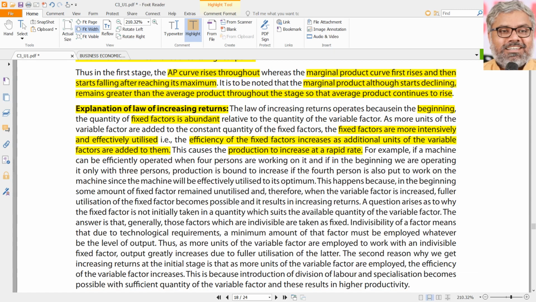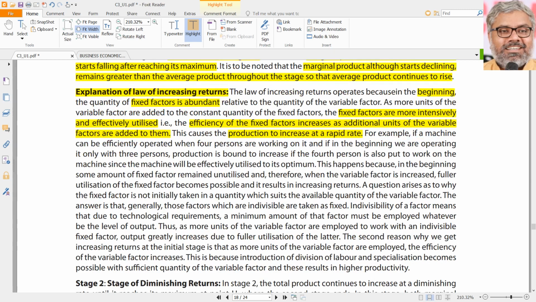But is it generally observed, even in a freshly started organization? Definitely yes. Initially, when there is a machine with, for example, 4 persons operating it, and you operate that machine with one more person, then definitely the effectiveness of the machine will be more. Or you can even use that machine for longer hours now.